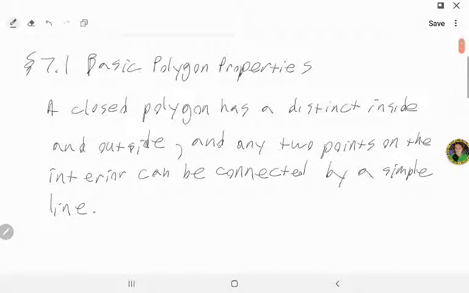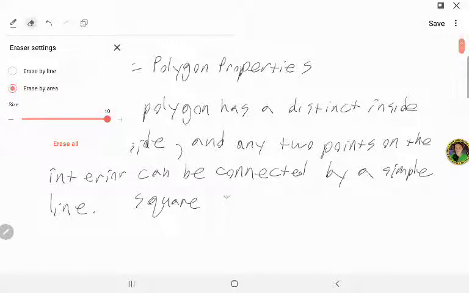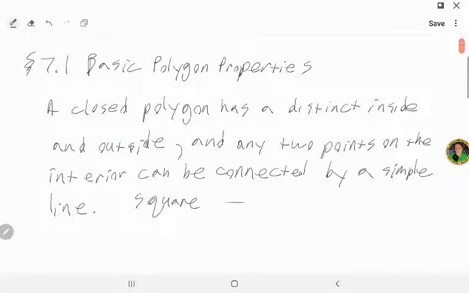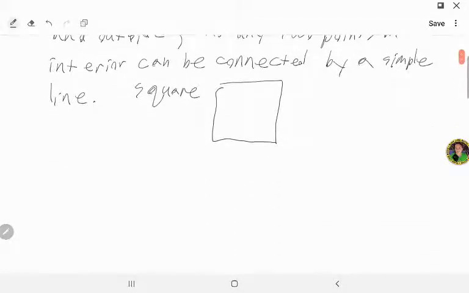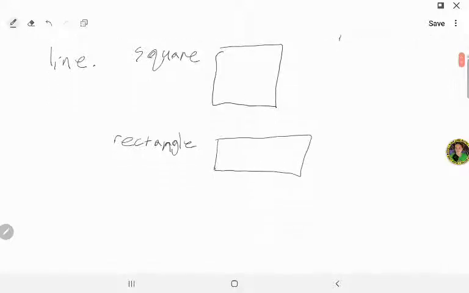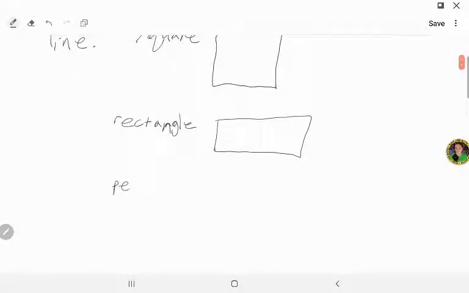So, for example, squares, rectangle, pentagon are all relatively straightforward.